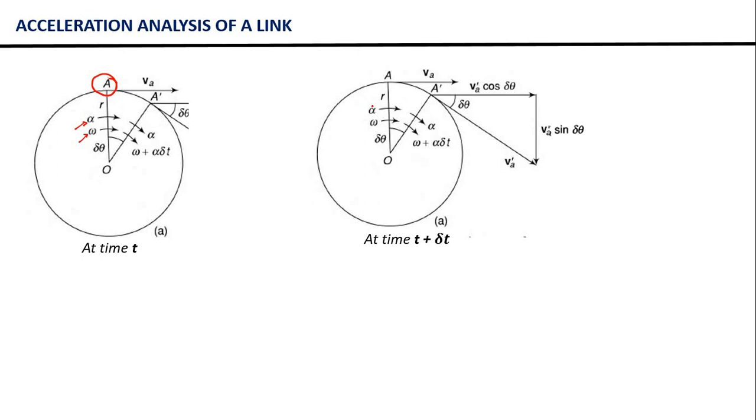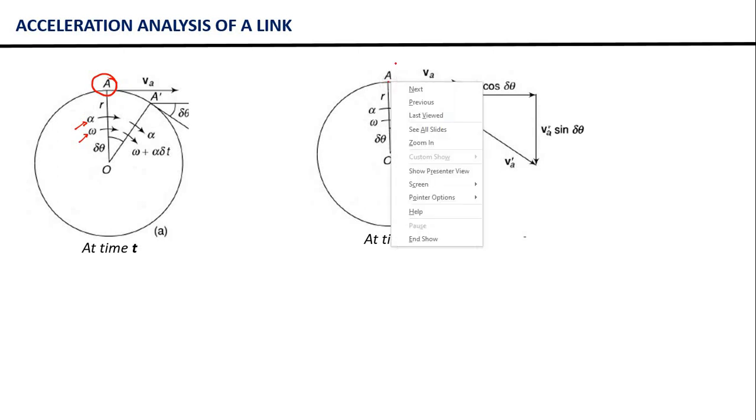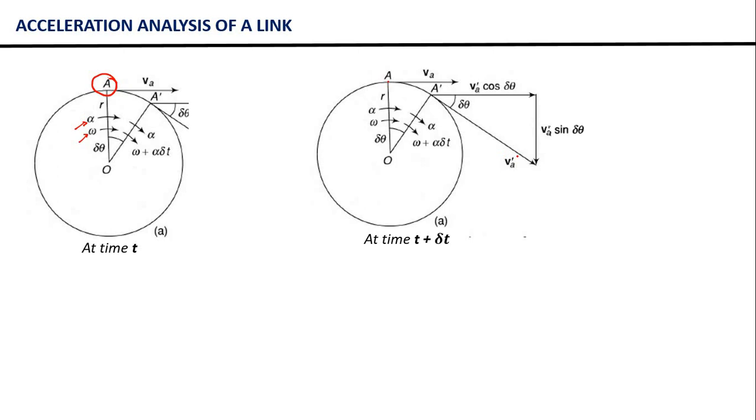So let us assume after t plus delta t time, the link OA acquires the new position OA prime, right? The velocity of point A changes from VA to VA prime. Now here you can see the velocity is basically changing in two directions.